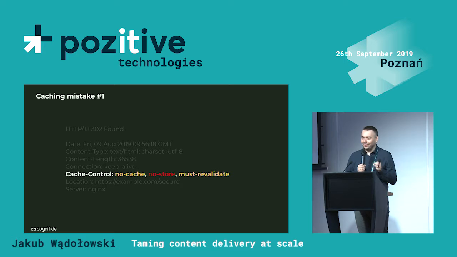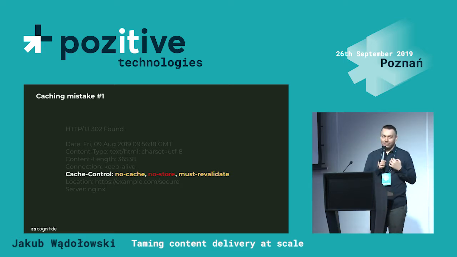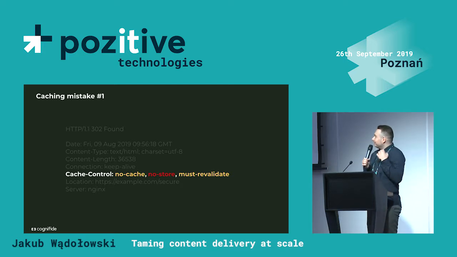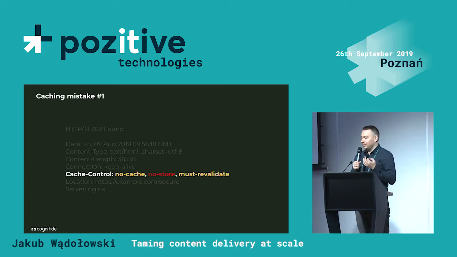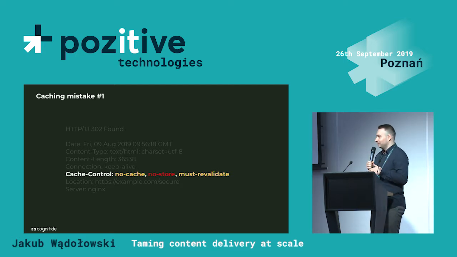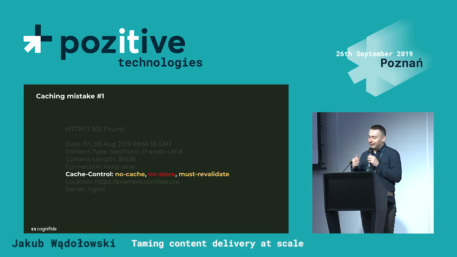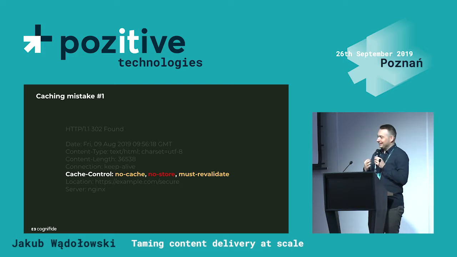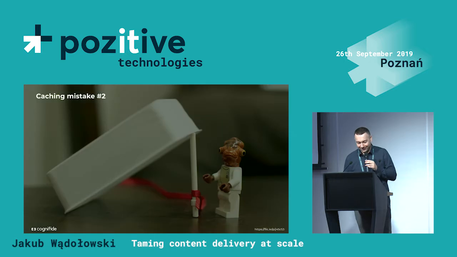Thankfully, in all the implementations that I'm aware of, no-store takes precedence, and the remaining values will be ignored entirely. But I've seen that in so many places, and that's just wrong.